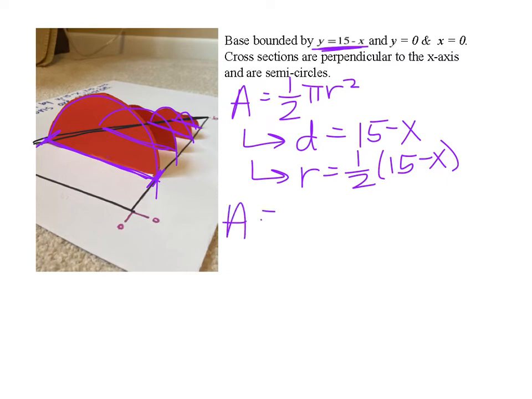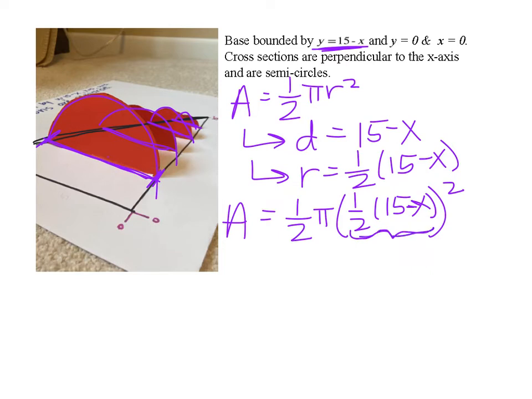So the area is going to be 1/2 of pi times the radius, 1/2 15 minus x, all squared. You just have to be careful when you're plugging your radius in, make sure you square the whole radius.